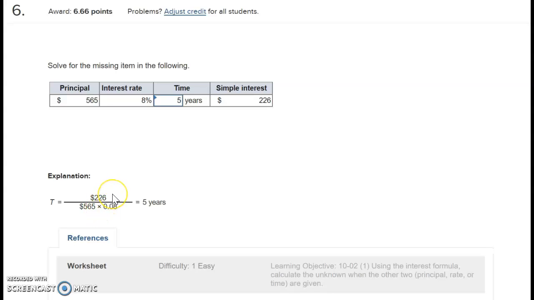So you see simple interest is we just plug that in. Principal, we plug in, and rate. Remember, we change it from a percentage to a decimal number. So multiply together these items on the bottom. 565 times 0.08.